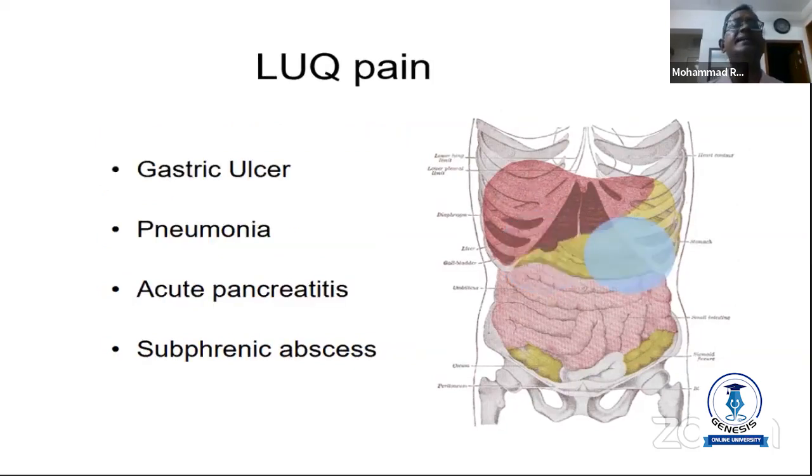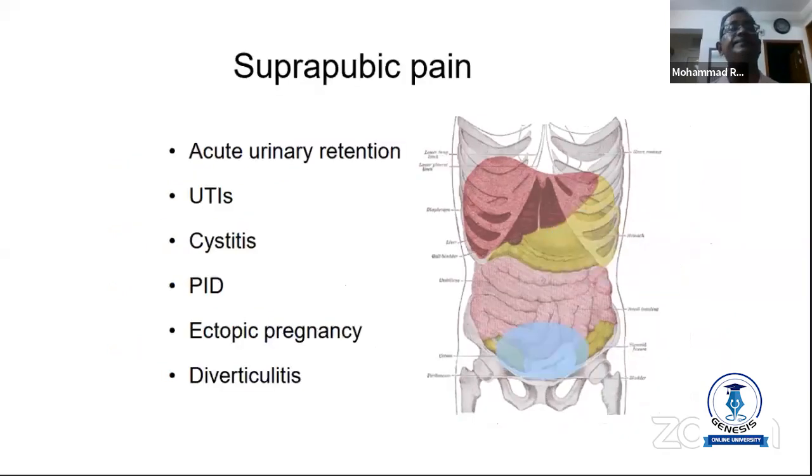Left upper quadrant, think about gastric ulcer disease, left basal pneumonia, acute pancreatitis, and of course, don't forget about subphrenic abscess. In case of left upper quadrant pain, what could be the cause? Don't forget gastric ulcer disease, and of course you will say pancreatitis, and never forget left-sided basal pneumonia and subphrenic abscess.